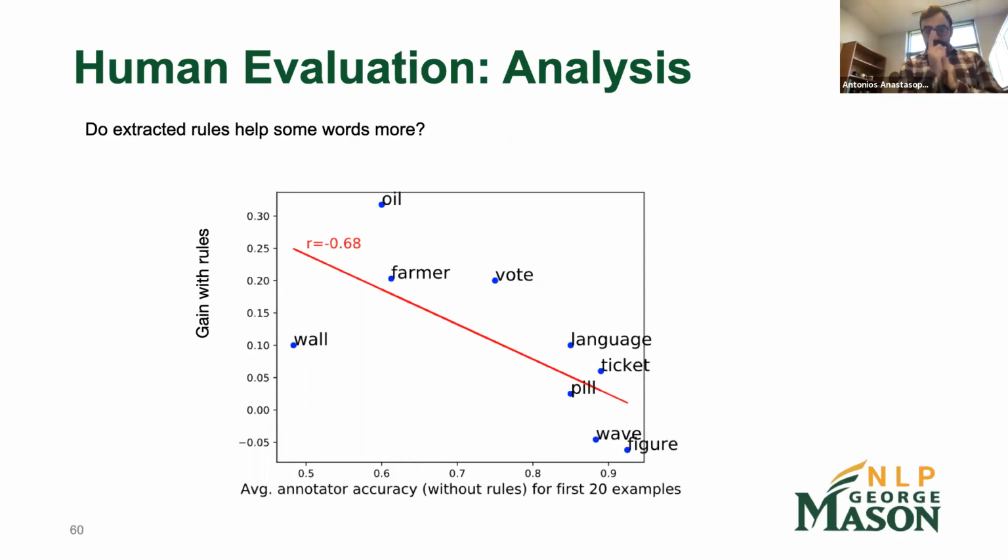But the very nice thing is that rules helped more for words on which the learners perform the worst. So, the harder a word it is to grasp the semantic subdivision, the better the gain. Okay. And these are words like wall and farmer and oil, which have quite fine-grained distinctions, at least in Spanish.